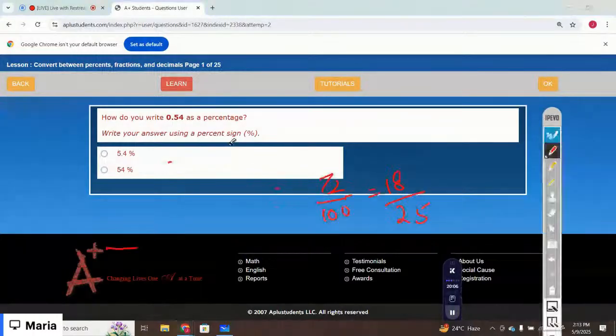So 0.54, just remove the decimal point. Add 1 for the decimal point and two zeros for the two digits. So you can write it as 54%. Option number 2 is the correct option.